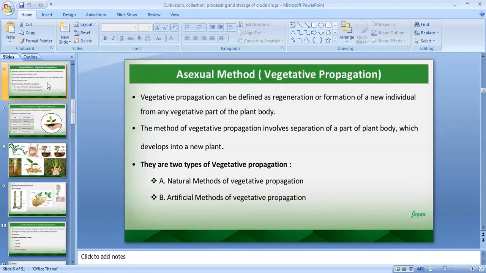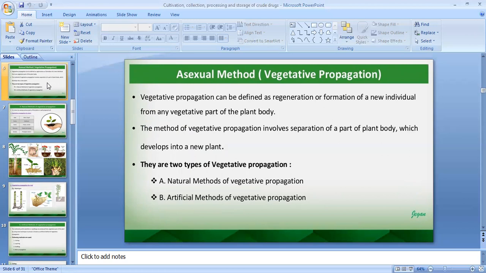We will see the asexual method, that is vegetative propagation methods. Vegetative propagation can be defined as regeneration or formation of a new individual from any vegetative part of the plant body.